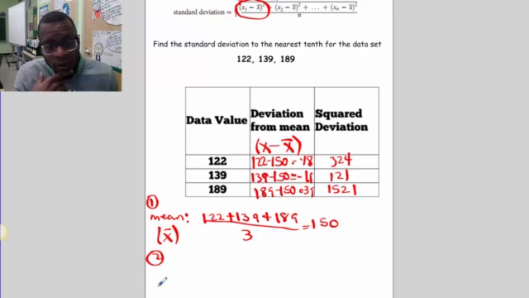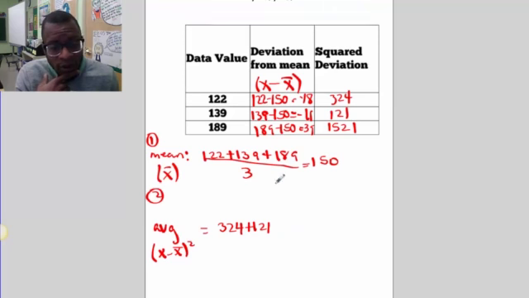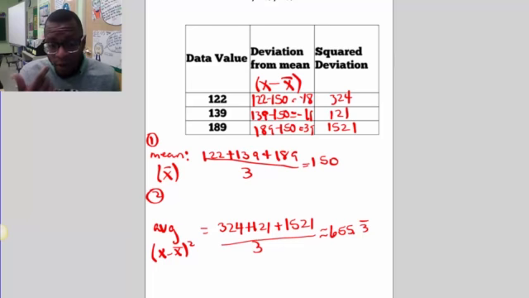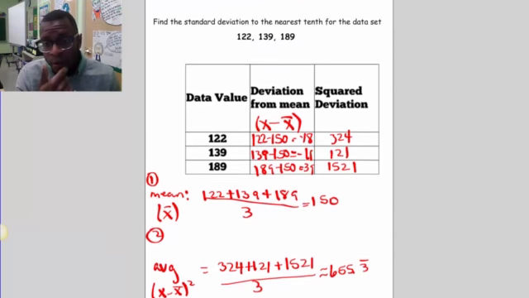Okay, so to take the average of the squared deviations, which is x minus x bar squared, we do 324 plus 121 plus 1521 divided by 3. And so we get a value of approximately 655.3 repeating.